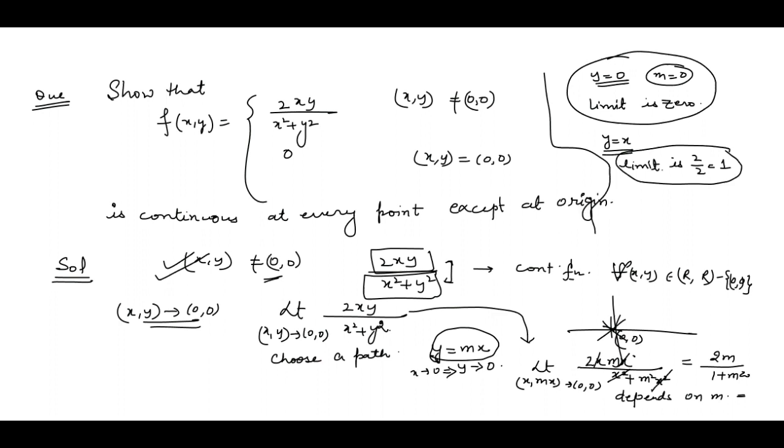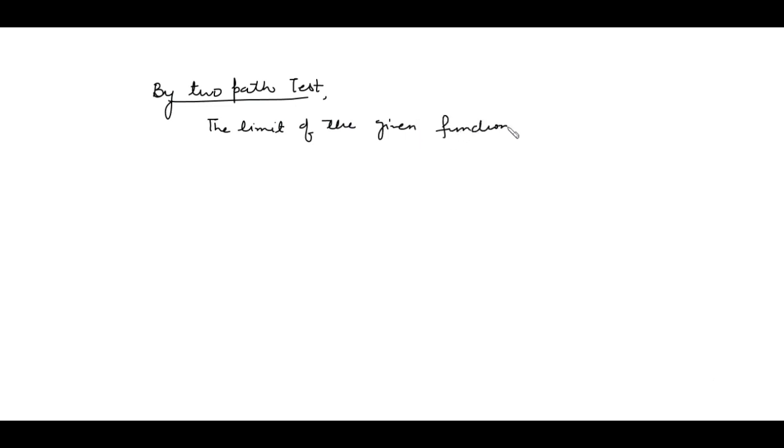Okay, so what will you write? By two path test, the limit of the given function does not exist at 0 comma 0.